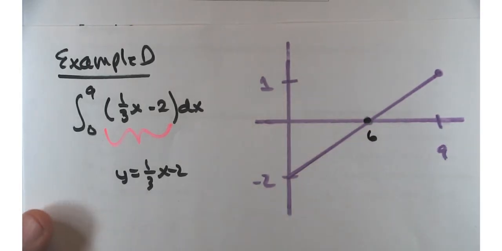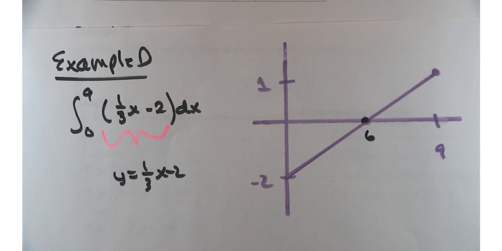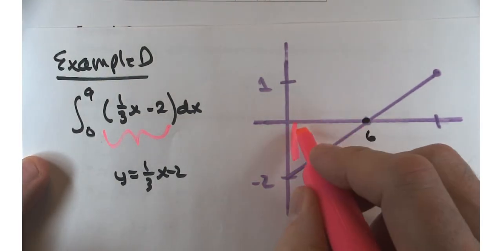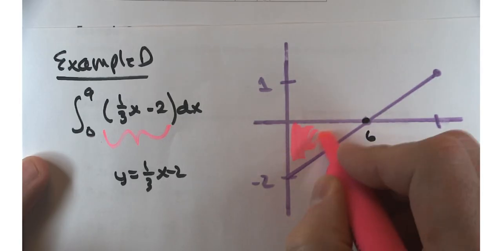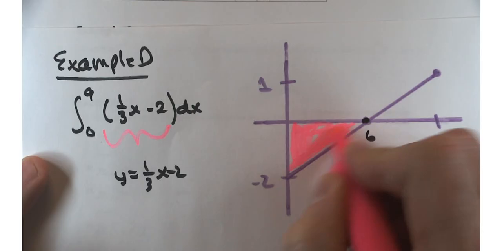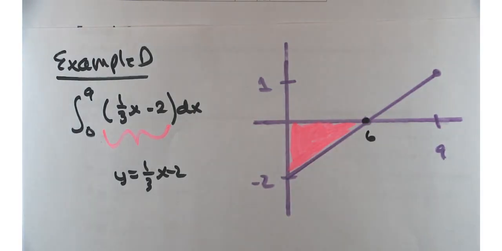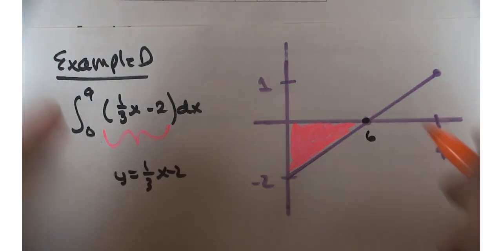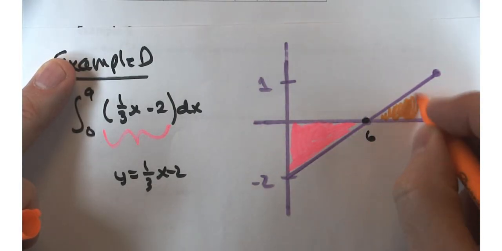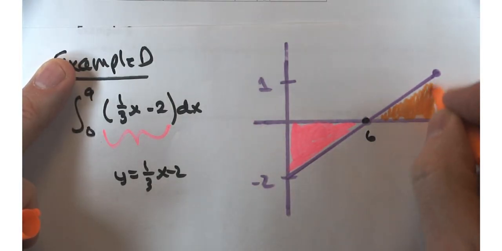So, all right. So we need to find two areas. That's going to be this one here, and then this one here. Now you can't really decide based on the graph here because this isn't drawn to scale. But I think we're going to end up with a negative number.